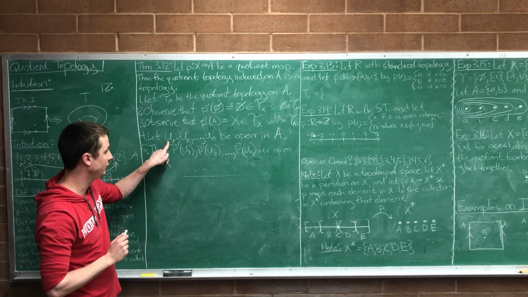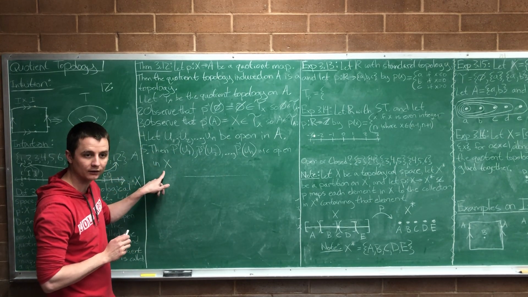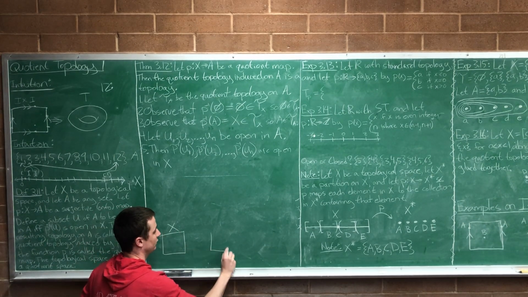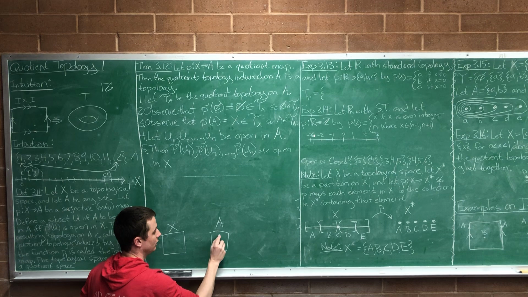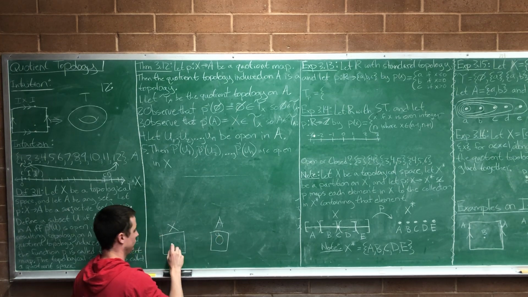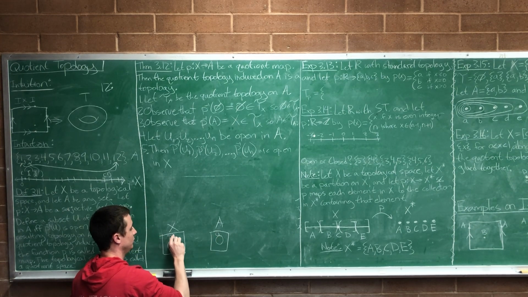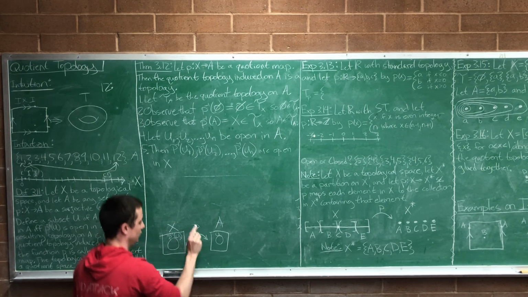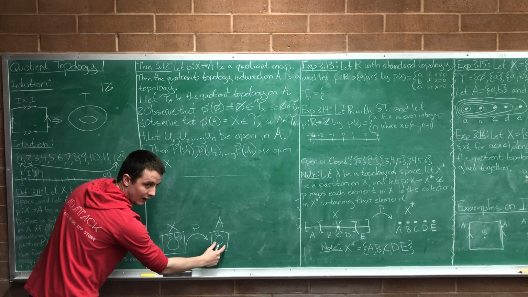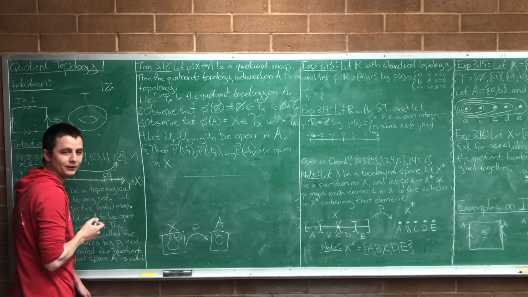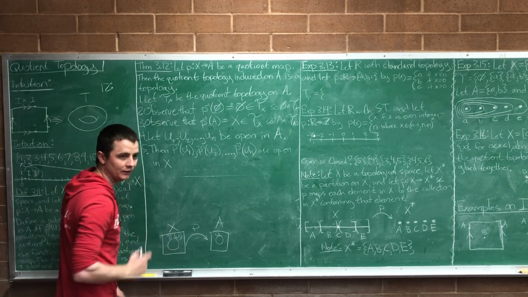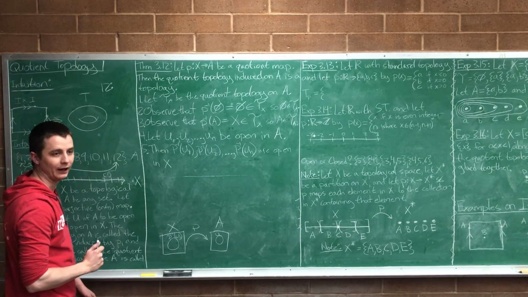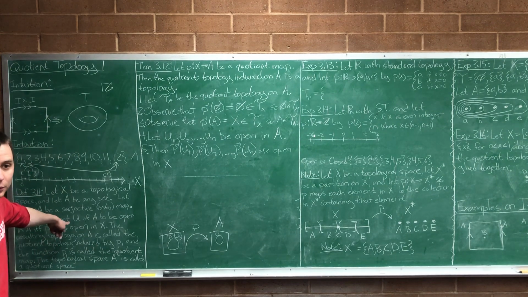If U sub 1 was open in A, then its pre-image was open in X. Maybe keep our picture down here for a second. X, A, here's U, here's the pre-image of U. And P maps like this. So if U's open in A, that means that its pre-image was open in X. That's the definition of being open in A. A set's open in A if and only if its pre-image was open in X, by definition of how we set up our topology, right?